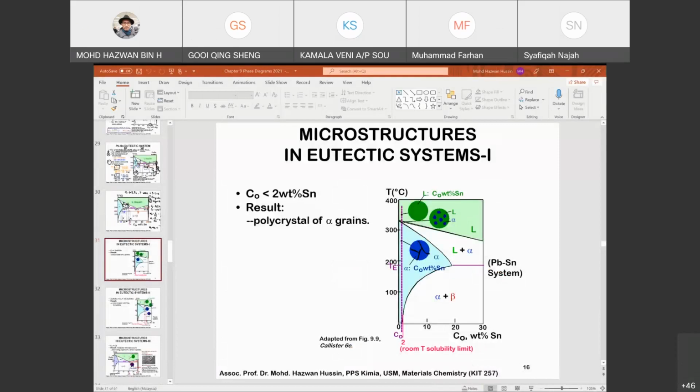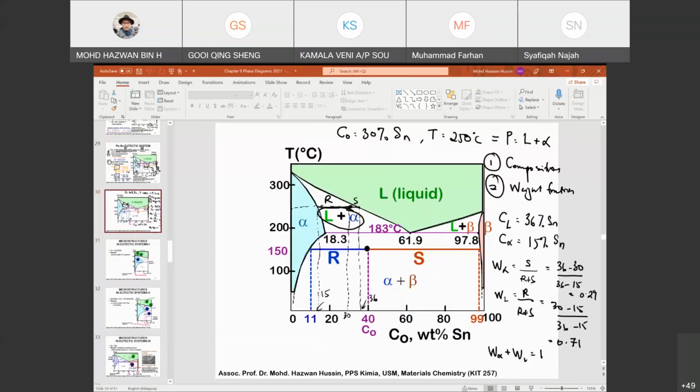Before we continue from where we ended yesterday, we can do a little bit of recap of what we learned. Yesterday I referred to a few examples on binary eutectic samples from your additional notes.